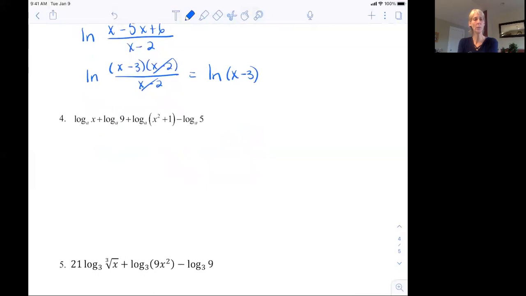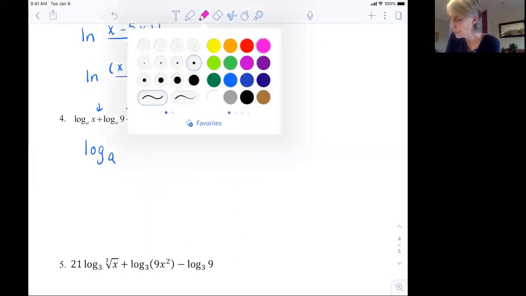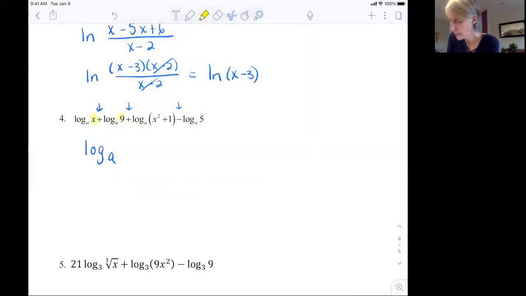In example 4, I have log base A of x plus log base A of 9, plus sign. I always look here, a plus, and a minus. So I'm going to multiply x times 9. Oh, and x squared plus 1.